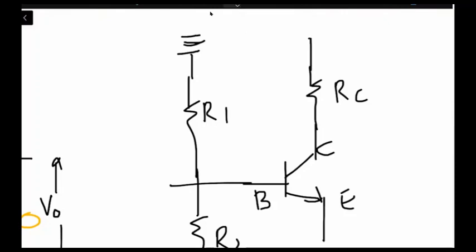Similarly, RC's other end will be connected to ground. C1 will behave as a short circuit over here, as well as C2 over here.